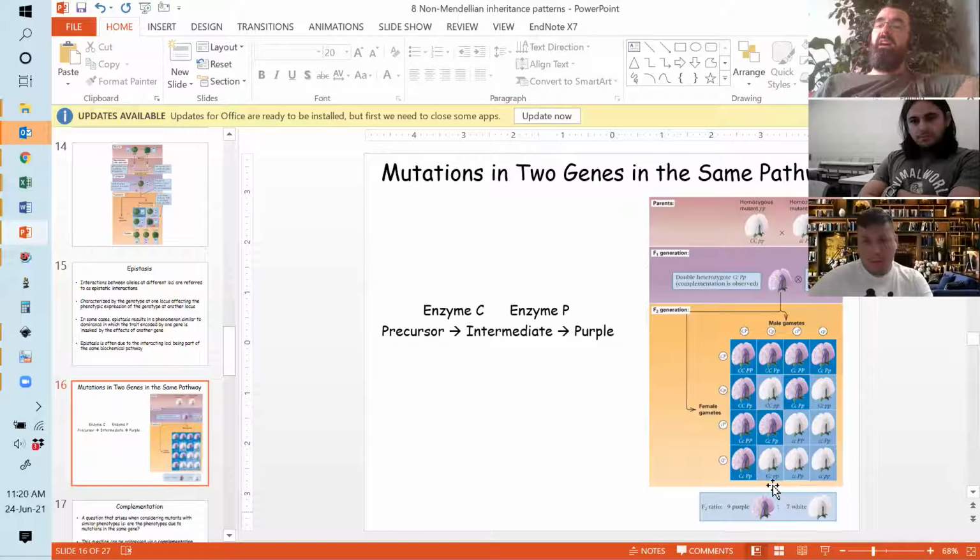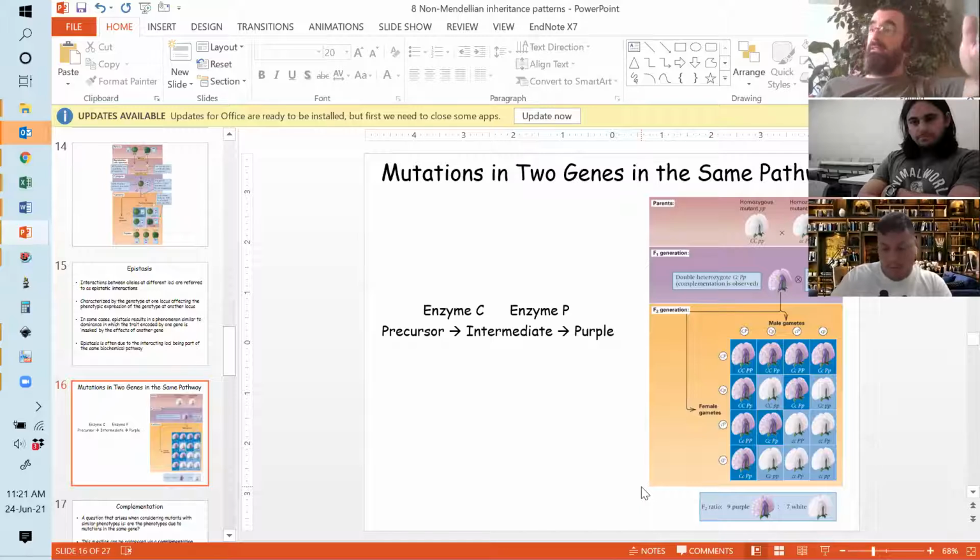So if you ever see an F2 generation that produces fewer than 4 phenotype classes, that tells you that epistasis is occurring. And the law of independent assortment does not apply. It has been broken.